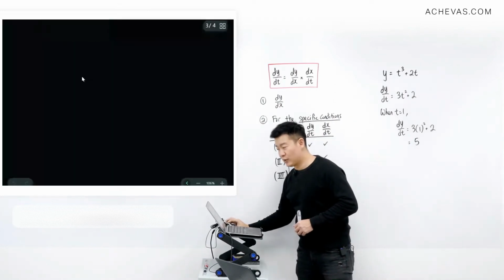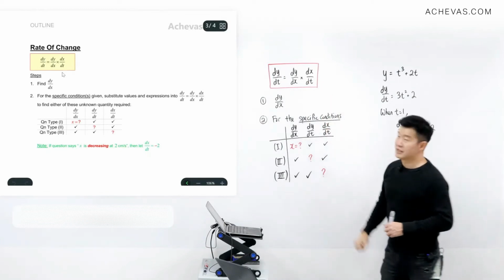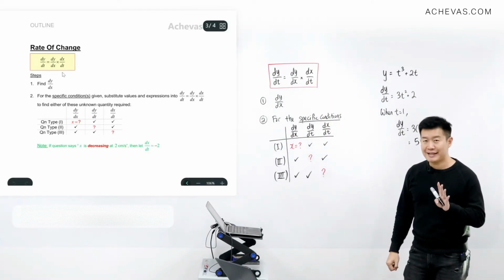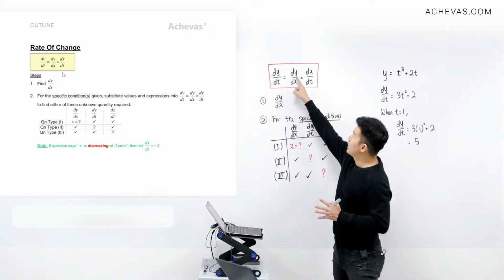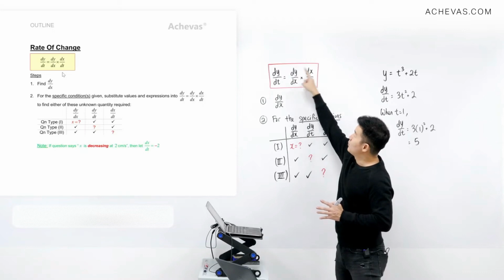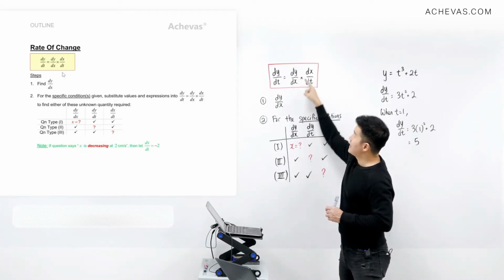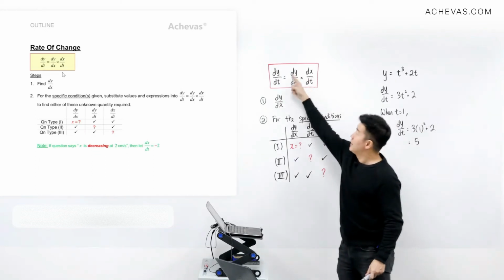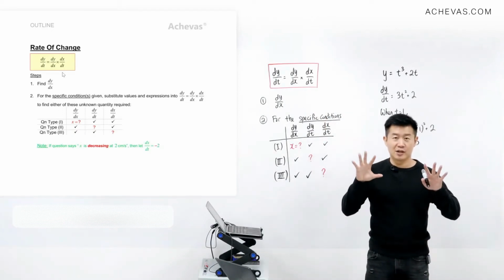For the rate of change equation, dy/dt is equal to dy/dx multiplied by dx/dt. This is actually pretty easy to memorize because we can imagine that we want dy/dt, which means if I re-express it like this, then the dx seems like it can be cancelled, although we know that cannot happen because dy/dx and dx/dt are just notation.